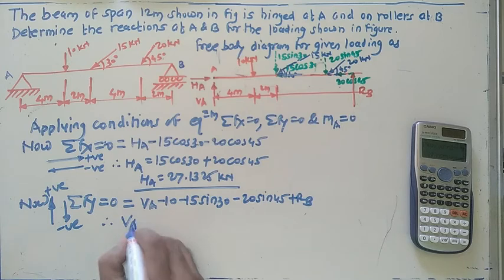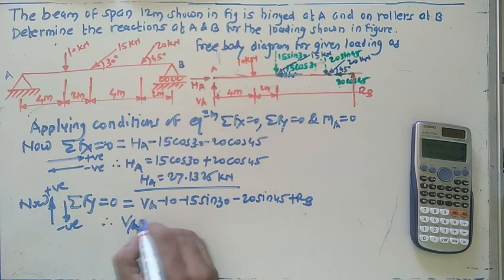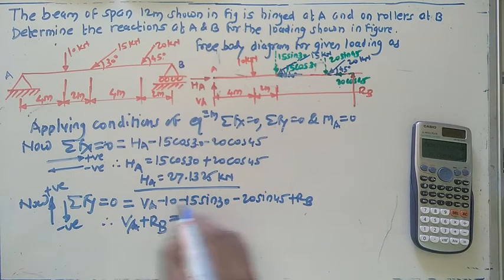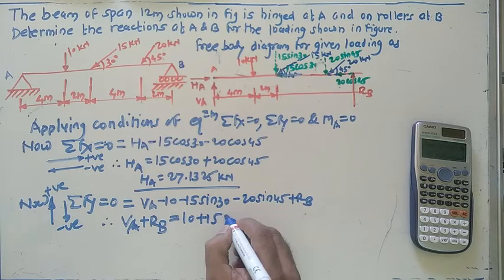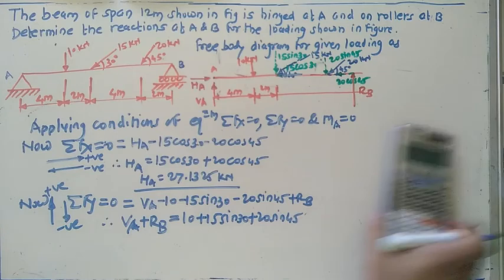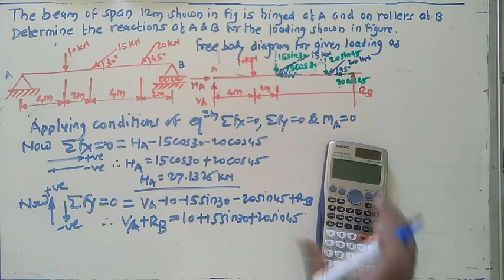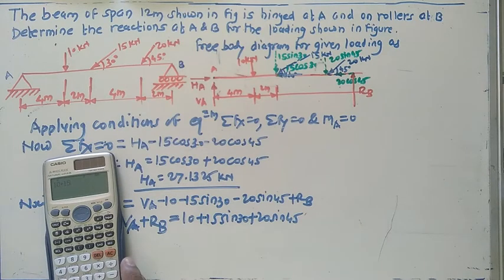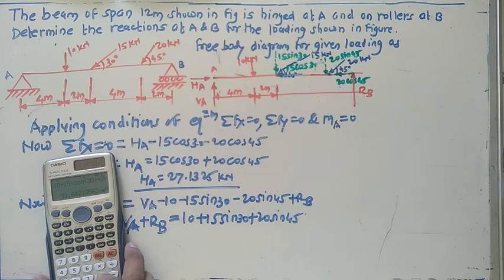So solve this one to get the information regarding RA plus RB, taking the rest of the terms to the other side. You can get 10 plus 15 multiplied by sin of 30 plus 20 multiplied by sin of 45, which gives 31.64 for this one.